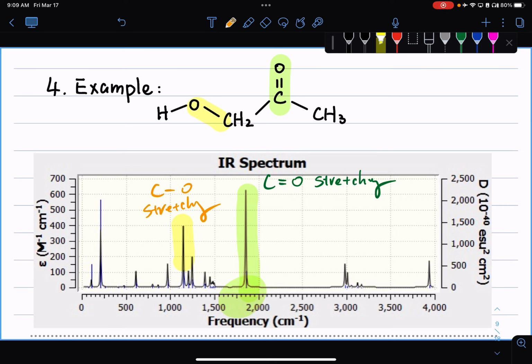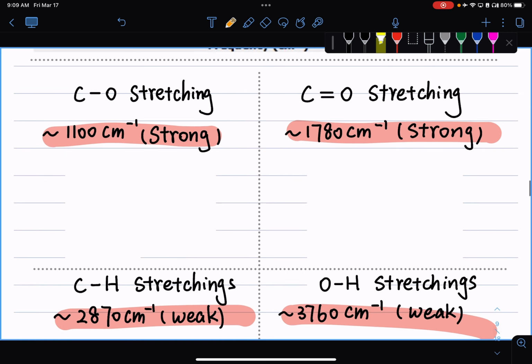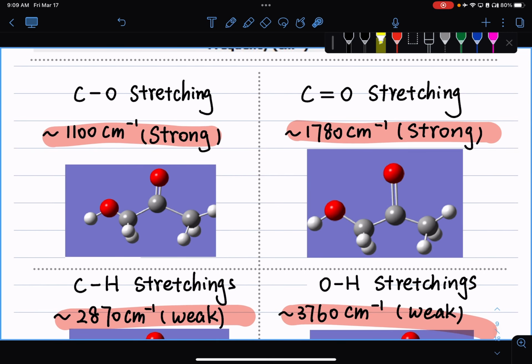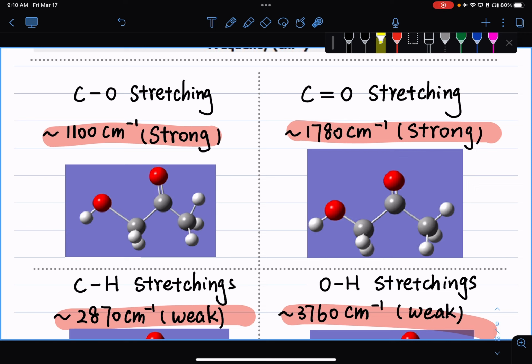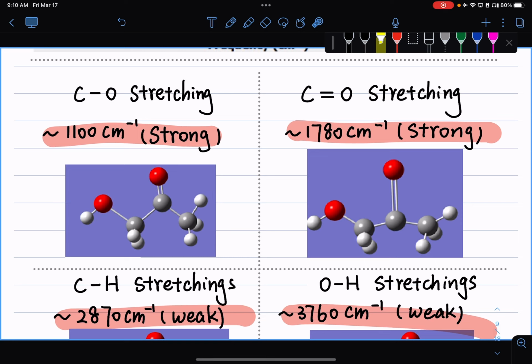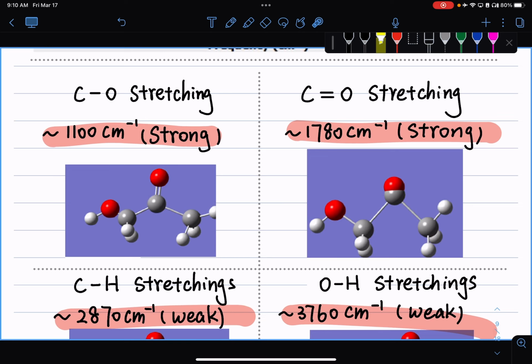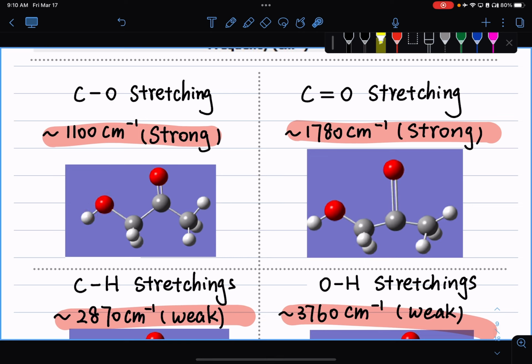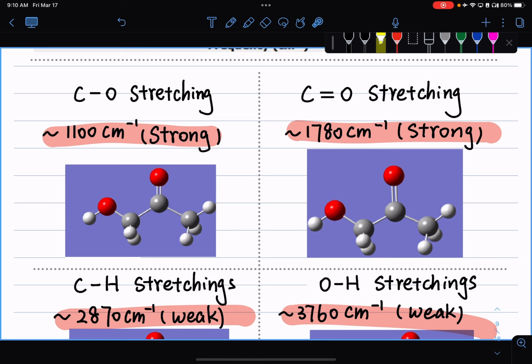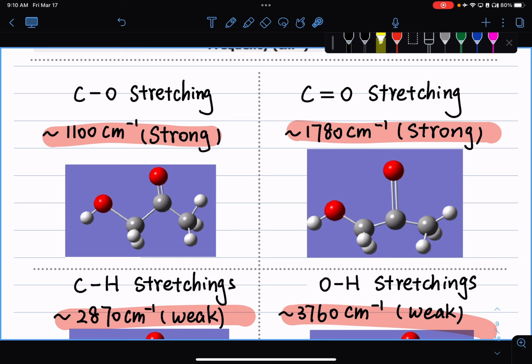And I just want to quickly show you what the stretching actually looks like. Here are some of the figures again. On the left-hand side, we have the CO stretching. As we said before, the primary vibrational mode is the stretching of that carbon and the singly bound oxygen. But you also have other groups vibrating and wriggling around.